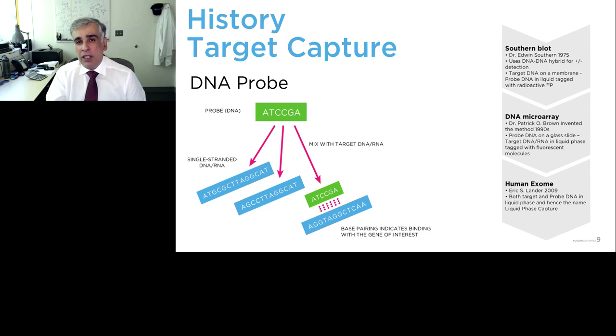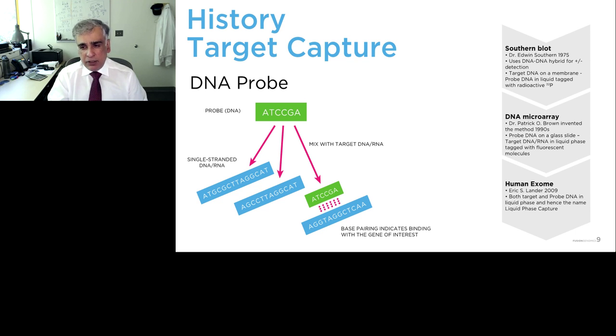And this was the underlying technology for all the southern blots and northern blots and western blots. Then the next major iteration of the technology came in the form of DNA microarrays, started in around the 90s by Dr. Patrick Brown.